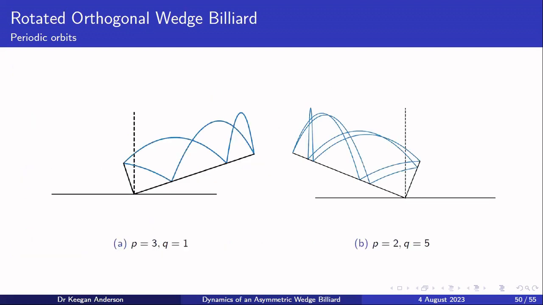But to illustrate these periodic orbits, I've given two of these orbits. So here I've chosen P equal to 3 and Q equal to 1 on the left-hand side. And as you can see, we have 3 collisions on the right-hand side, 1 collision on the left, and the total period is 4. It starts repeating. In the image on the right-hand side, I've chosen P equal to 2 and Q equal to 5.